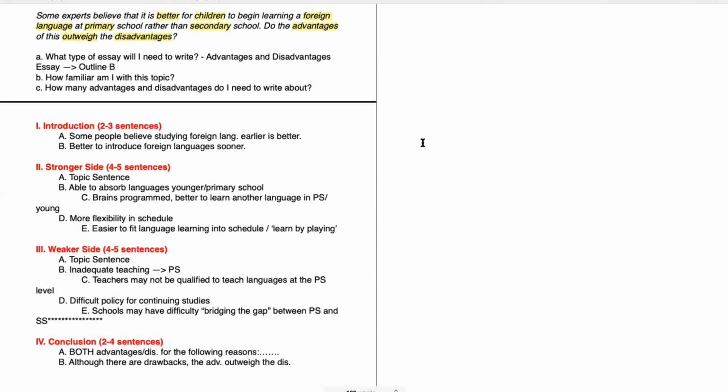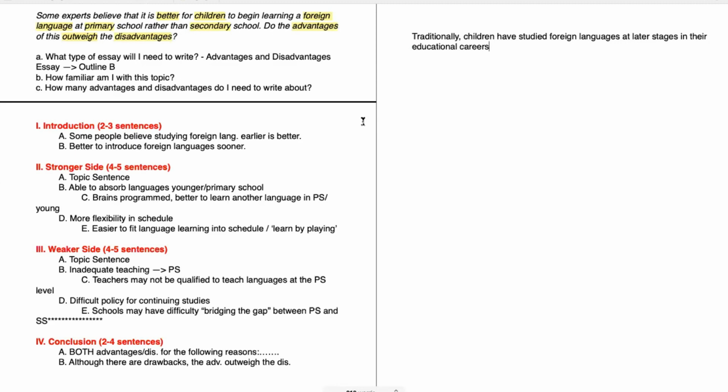All right, so I'm going to start, and I'll say something like, traditionally, children have studied foreign languages at later stages in their educational careers. Now, this is not necessarily included in the passage or in the writing prompt, but it's something that I am familiar with, and it's something I'm going to use to introduce the topic.